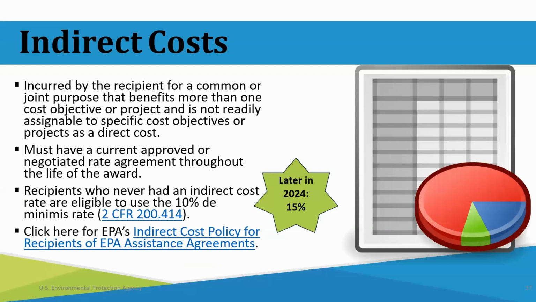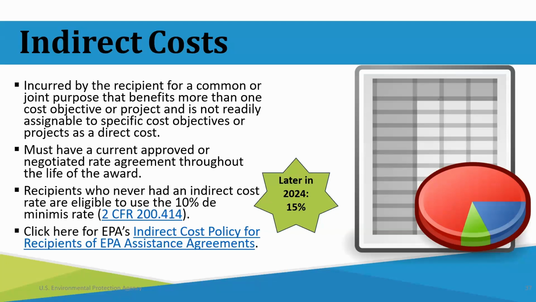Indirect costs are costs incurred for a common or joint purpose that benefit more than one cost objective. The indirect cost rate must be up to date for the life of the award. Recipients who have never had a negotiated indirect cost rate can use what is called the de minimis rate. That is currently 10%.